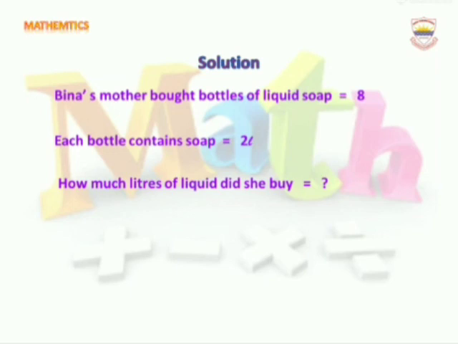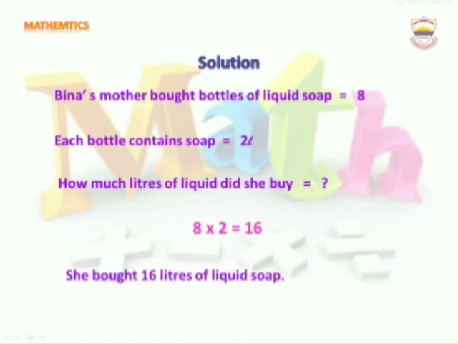We have less quantity of soap in each bottle and we have to find out more quantity. So we multiply both numbers. 8 multiplied by 2 equals 16. What is 8 multiplied by 2? 8 multiplied by 2 is equal to 16. So we can say she bought 16 liters of liquid soap.